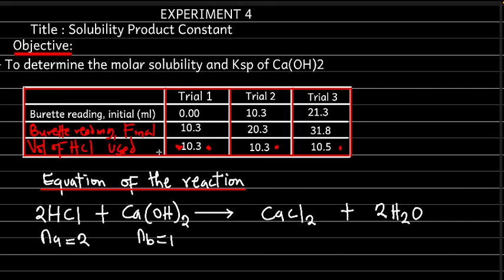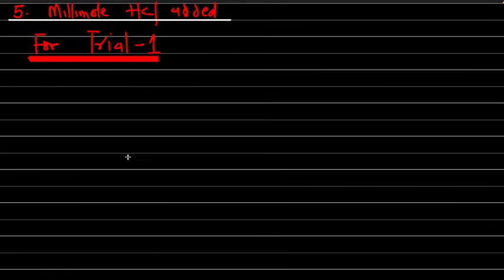Okay, so for the first trial, the volume of acid used is 10.3. So you come back here. It simply means that 10.3 is VA for this one. For the first trial, VA equals 10.3.